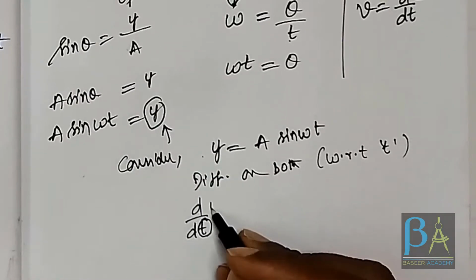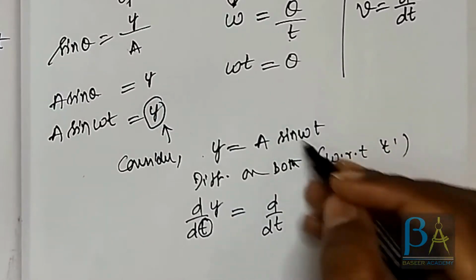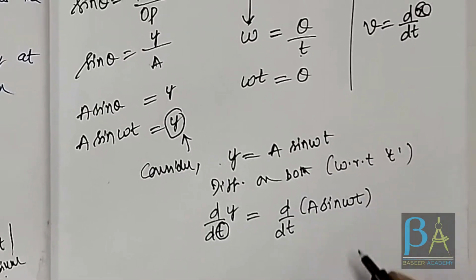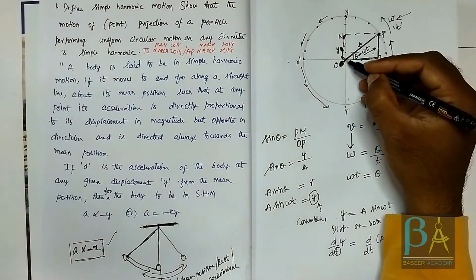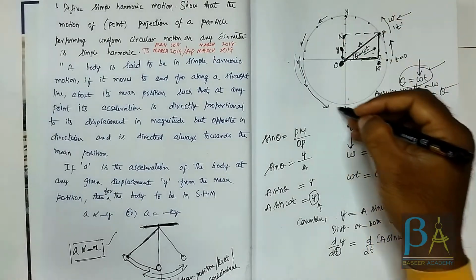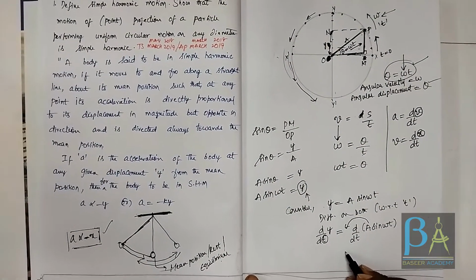So I'm differentiating the left hand side y with respect to t, and I'm differentiating the right hand side also with respect to t. And what is my right hand side? A sine omega t. Now A is the radius of the circle, right? The radius of a circle obviously is constant, it never changes. The constant, we will take it out of the differential here.